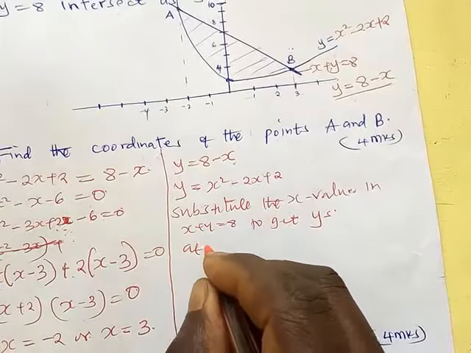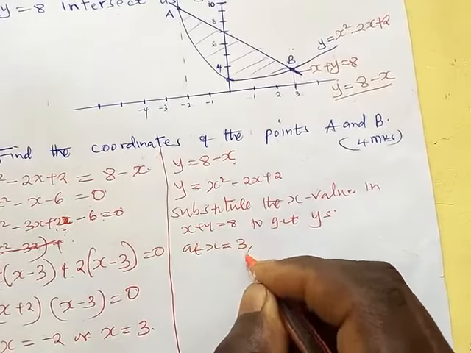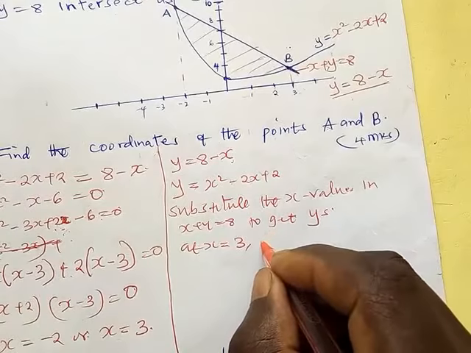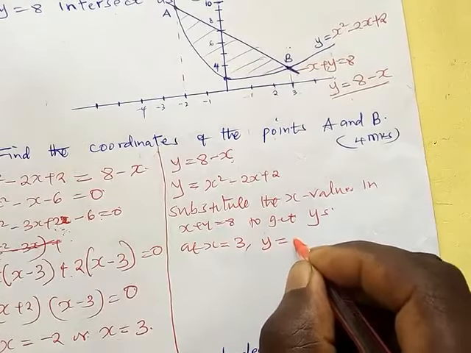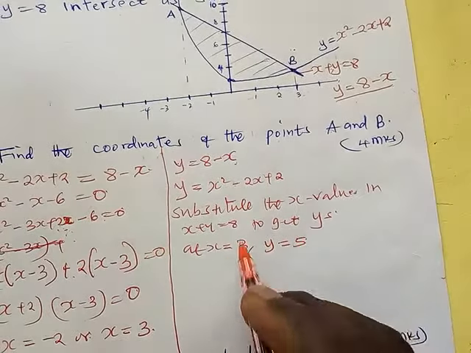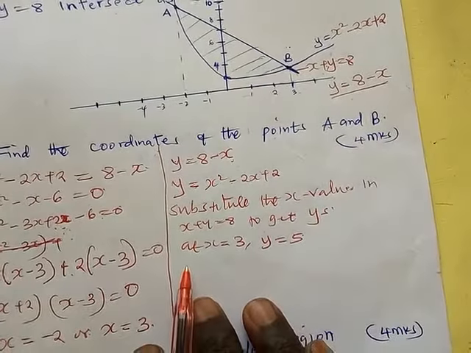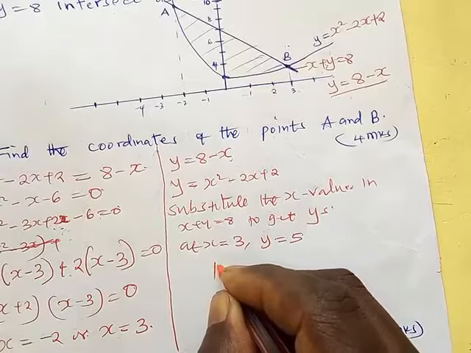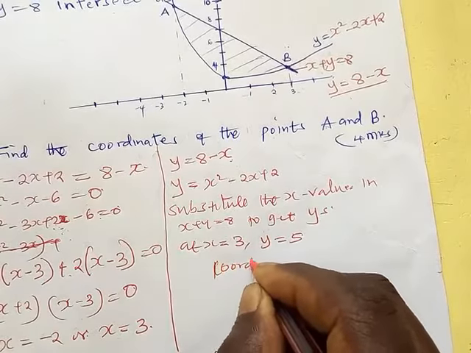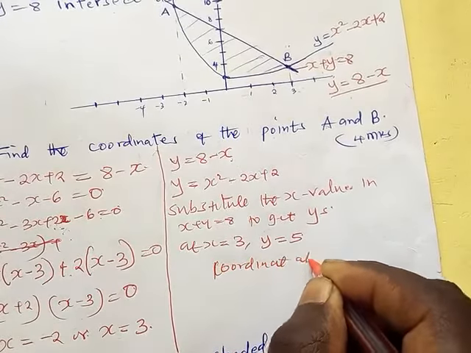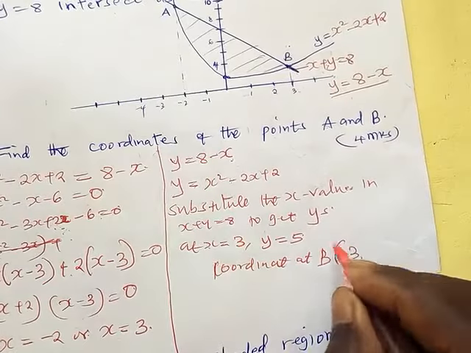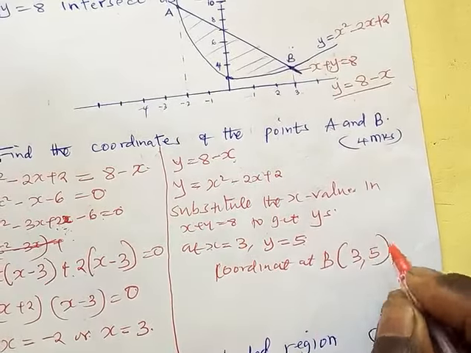So at x equal to 3, when I'm using this, it means that y is going to be 5. You substitute. So it means the coordinate at b is x is 3, y is 5.